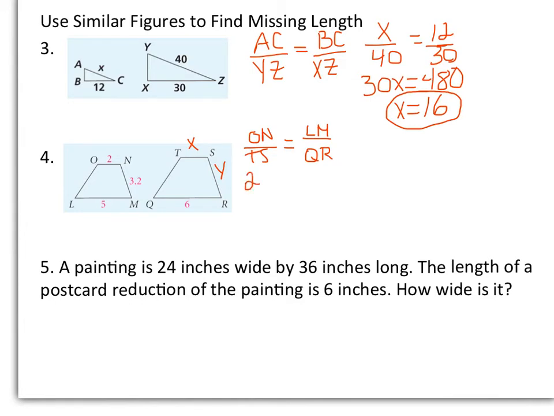So 2 is to x as 5 is to 6. So we get 12 equals 5x. Divide by 5, we get 2.4 equals x. So TS is 2.4.